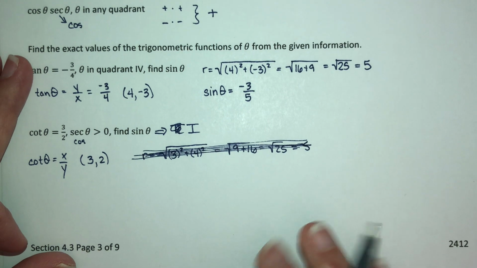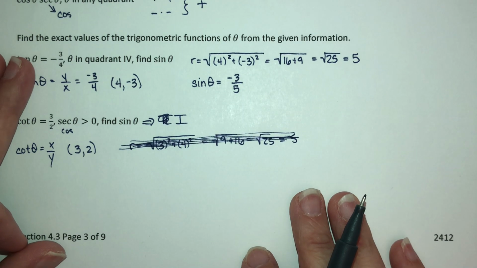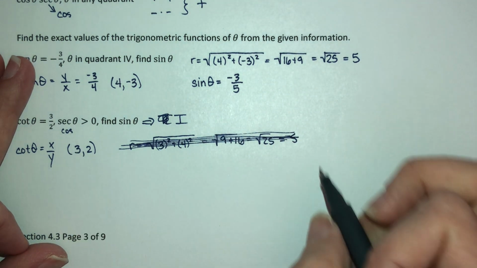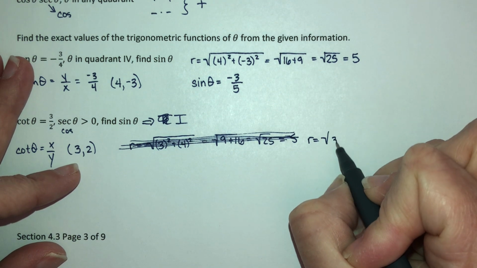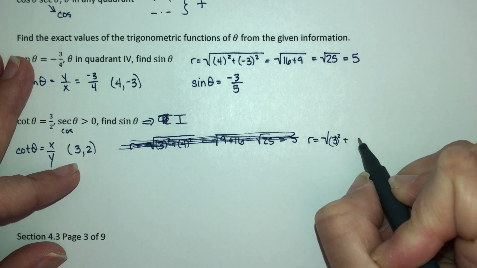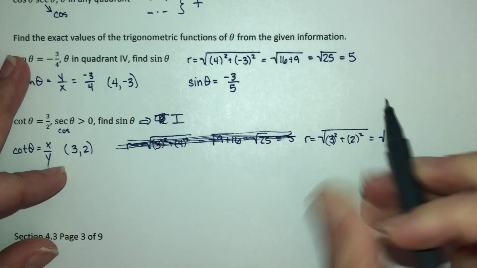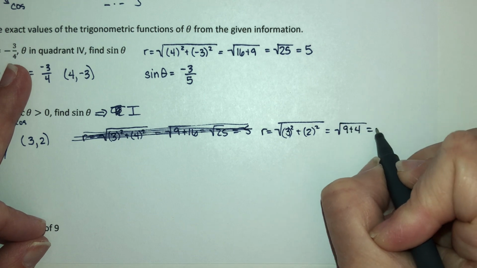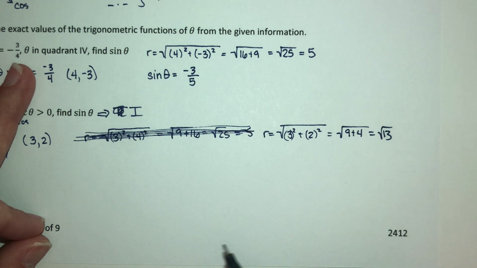And I don't want to start this video all over again, so please excuse my mistake. I plugged in a 4 here but it should have been a 2. R is equal to the square root of 3 squared, let's do this correctly, plus 2 squared. So I have the square root of 9 plus 4, which is the square root of 13. I apologize for that. This is your correct r value.